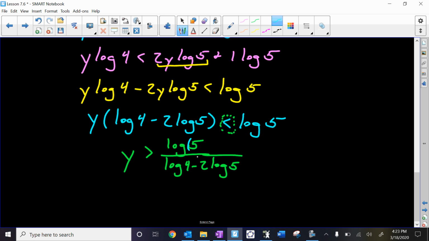So now, a couple things. I got to make sure that I close that off. We got to close that one off and that one. And we need to make sure that we have parentheses around the denominator if we plug this all in at once. So y being greater than, I'll plug it in myself.